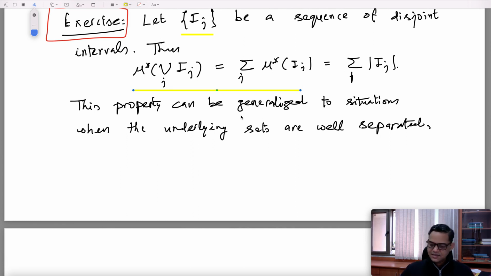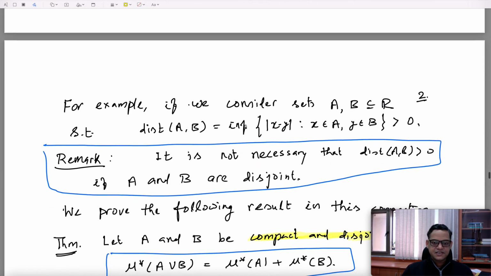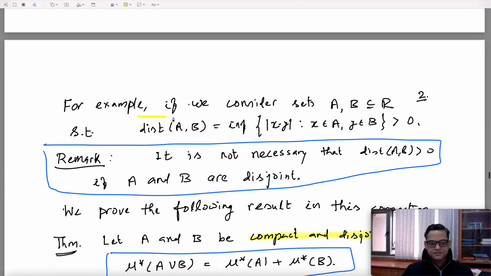For example, consider disjoint sets which are separated well enough, meaning there is a positive distance between them. How do you define the distance between two sets? You look at the points x in A and points y in B, look at their distances, and take the infimum. That is how you define the distance between two sets.